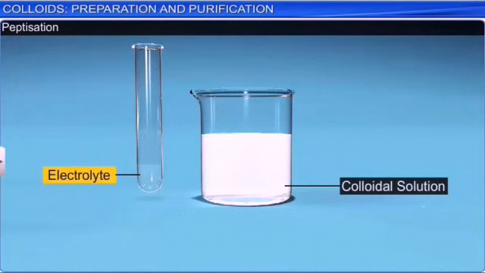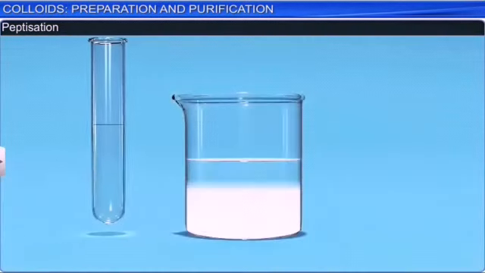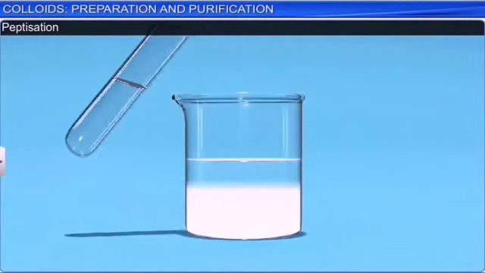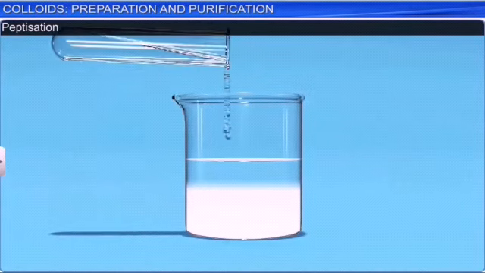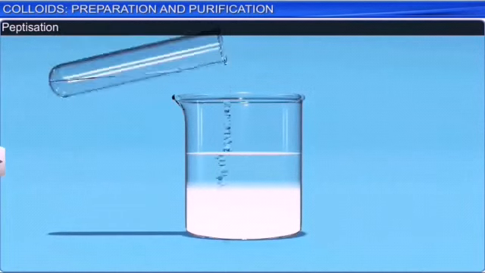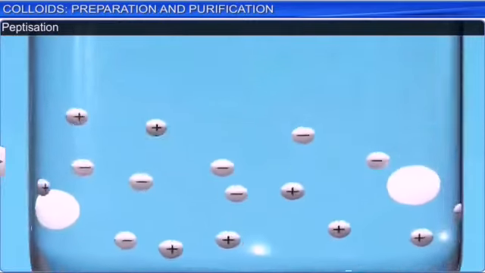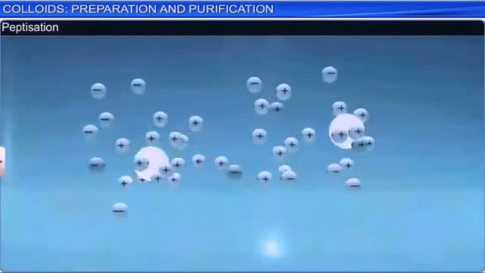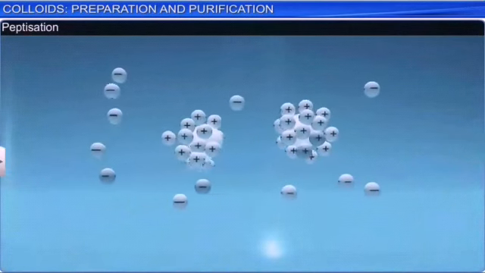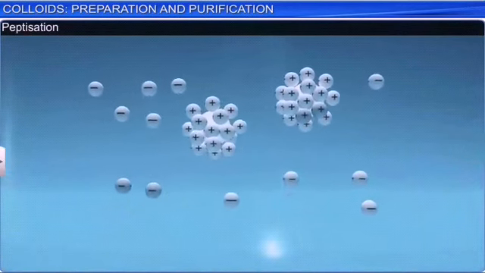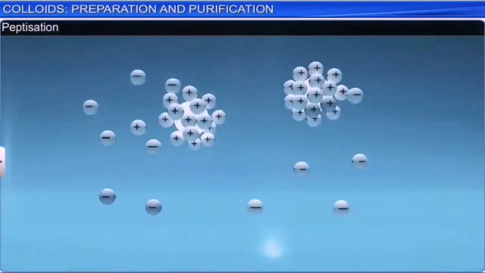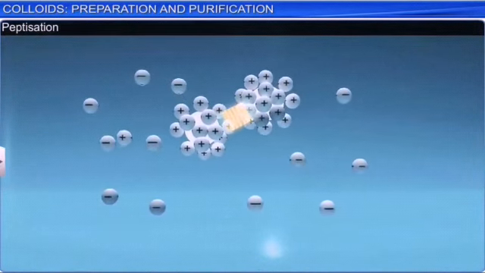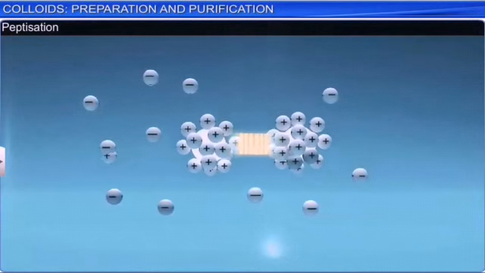This process involves the preferential adsorption of suitable ions from the electrolyte by the particles of the precipitate to form charged species. These charged species repel one another, and as a result, the precipitate disintegrates into colloidal sized particles.